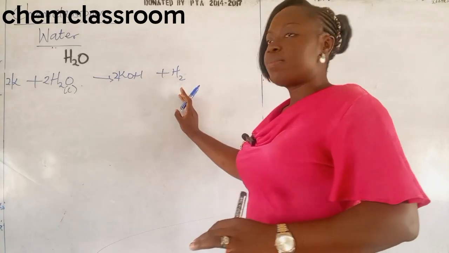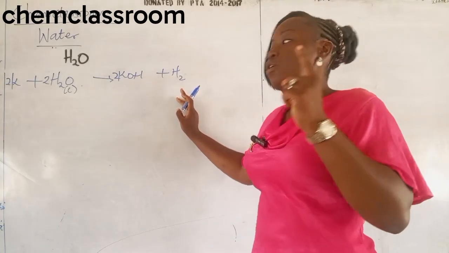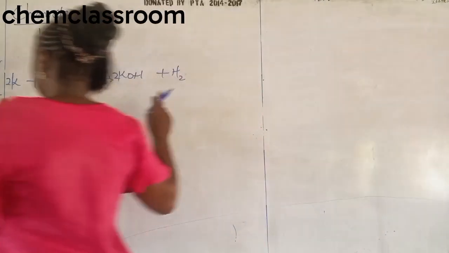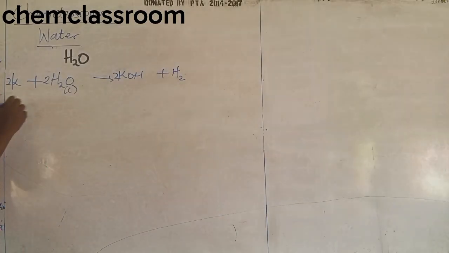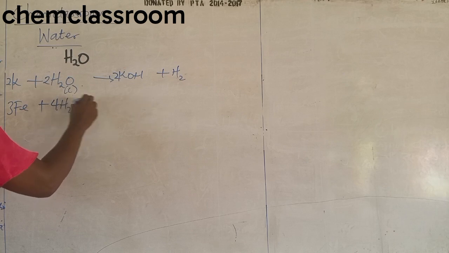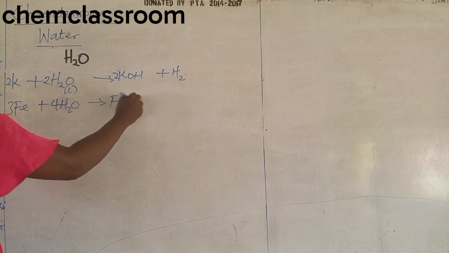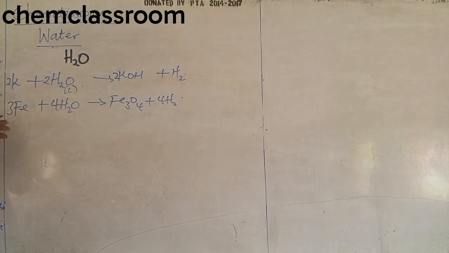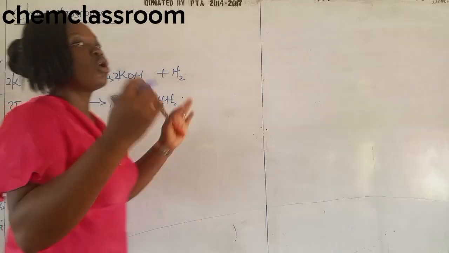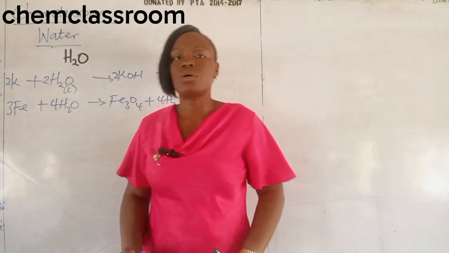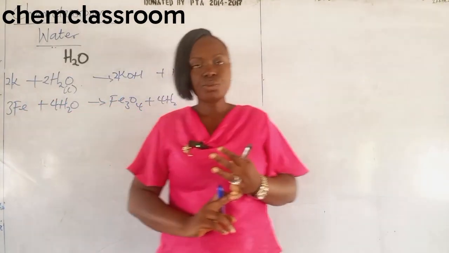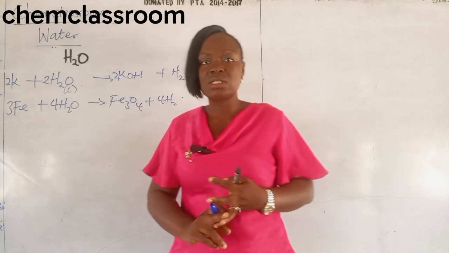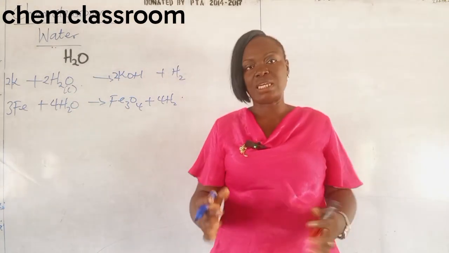Then another one is that your iron reacts with the red hot steam, plus 4 moles of water, and hydrogen gas will also be liberated. So the iron will have to be red hot. Then we have some metals that do not react with water at all, like your silver, your gold, your mercury. They don't react with water in any form.